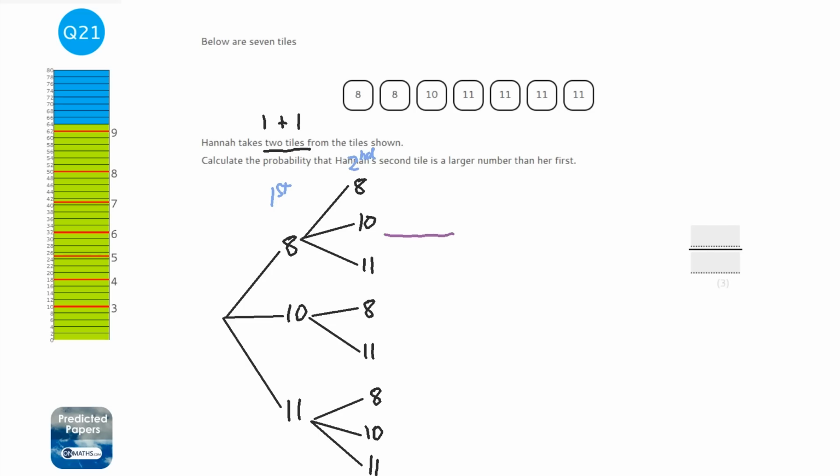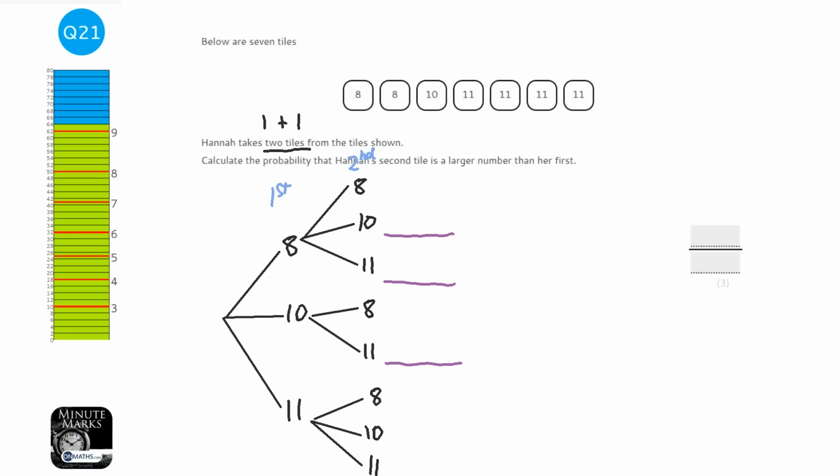Well, this outcome here, 8 and then 10, 8 and then 11 will. If you pick a 10, then you can pick an 11, and that's larger. And if you pick an 11, you can't get a larger second tile. So there's three outcomes you can get with the second tile being larger: 8 and 10, 8 and 11, and 10 and 11.